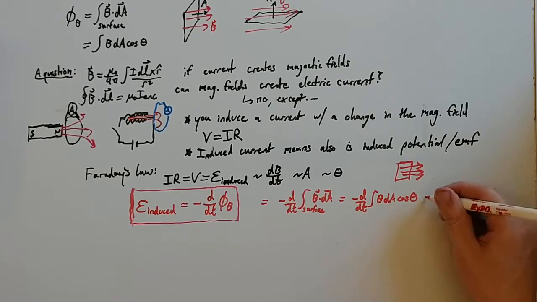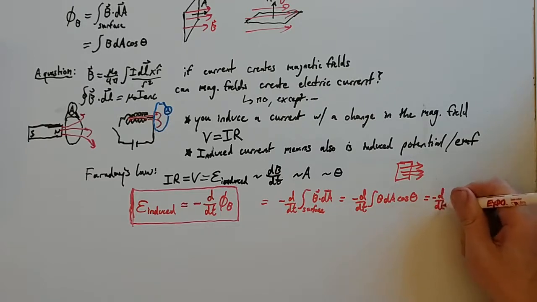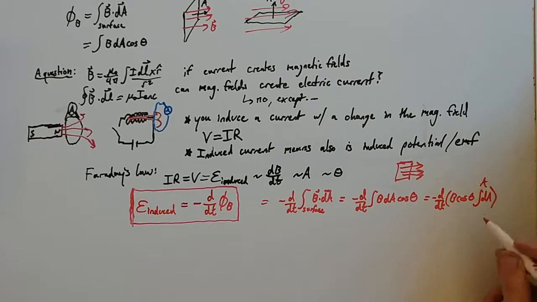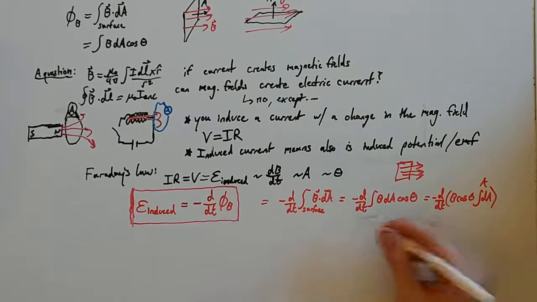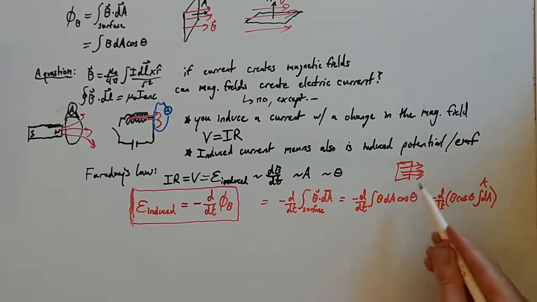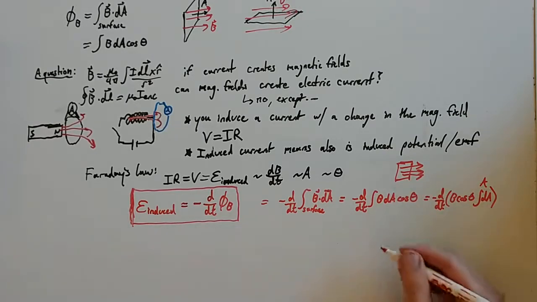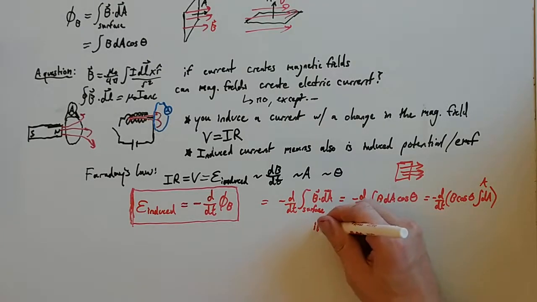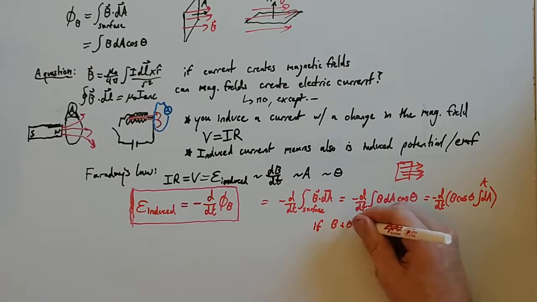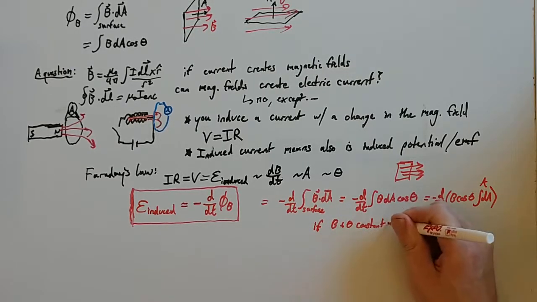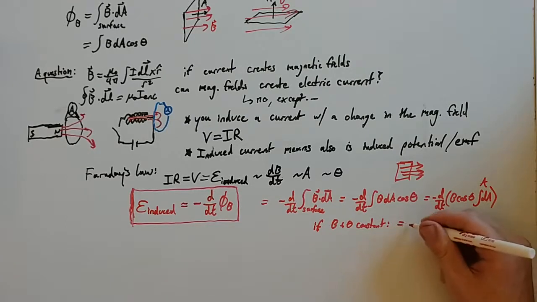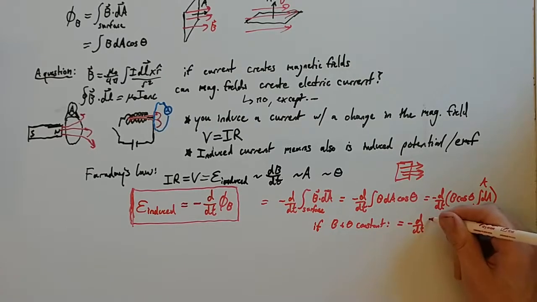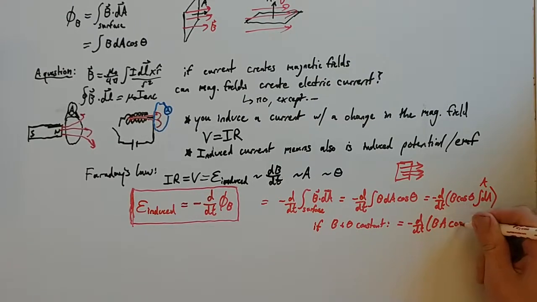Then that would be minus d/dt of B cos theta times the integral of dA, and the integral of dA is just the area. So if B and theta are constant, this is going to be minus d/dt of B times A times cosine theta.